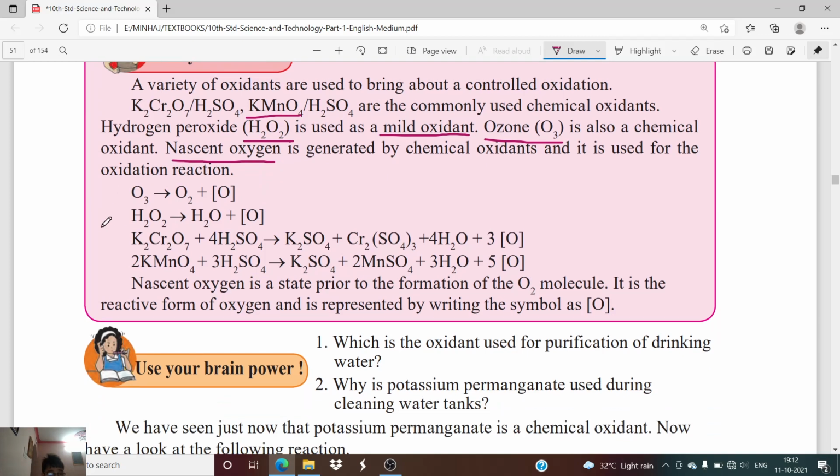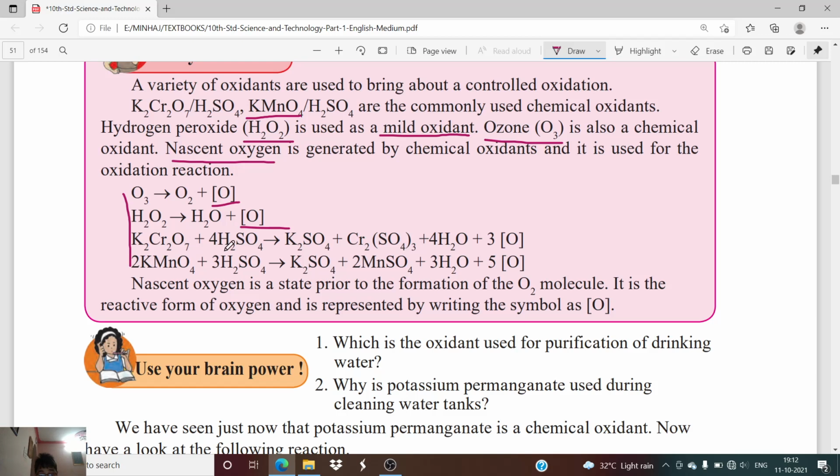So here also you will see certain reactions which show us how all these oxidants are going to provide the nascent oxygen. Ozone is going to provide one molecule of nascent oxygen. H2O2, that is hydrogen peroxide, is also going to provide one molecule of nascent oxygen.